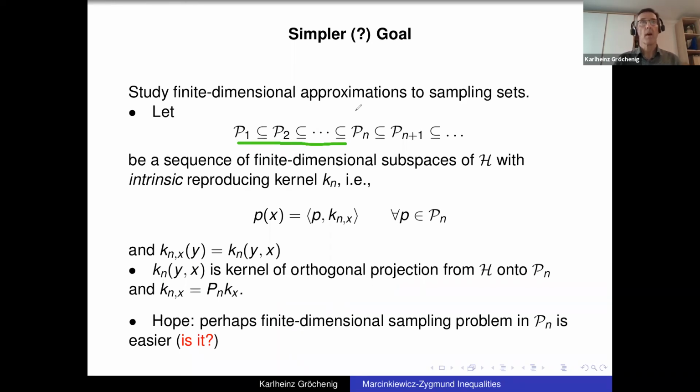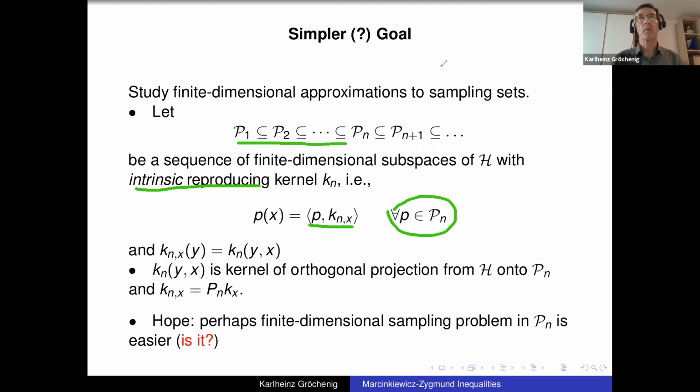I call them P sub n. And since these are subspaces of a reproducing kernel space, each of these subspaces comes with an intrinsic reproducing kernel. If I just take a function in a subspace Pn, then certainly the point evaluation is a continuous functional, but I can choose this functional to be in the subspace itself, okay? So that's the reproducing kernel that belongs to that subspace. Well, this is nothing but the orthogonal projection of the reproducing kernel onto that subspace.